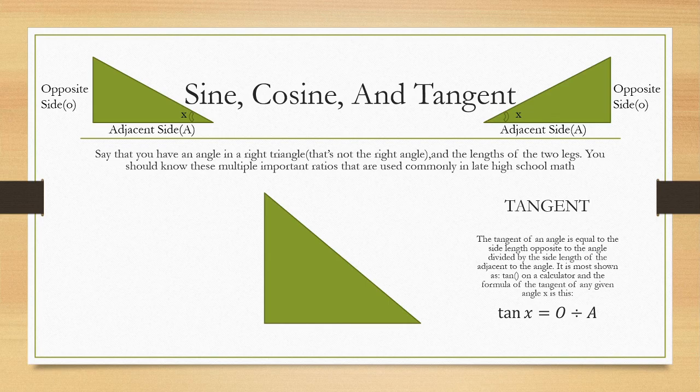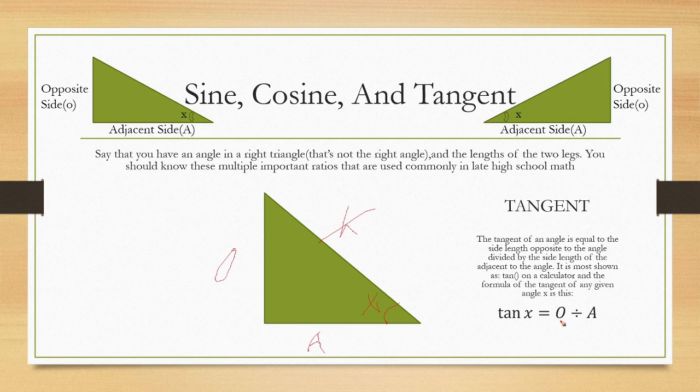So say we have angle x, we'll be using the same angle, and we're going to be labeling this as O because this is the opposite, this is the adjacent because this is right next to the x, and this is hypotenuse. This time we're not going to be using hypotenuse, we're only going to be using opposite side length and the adjacent side length.